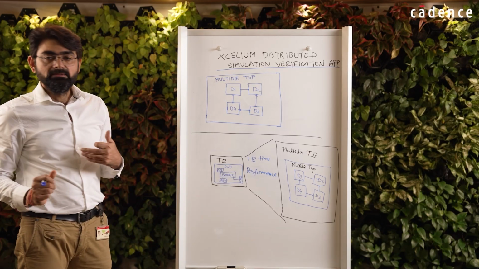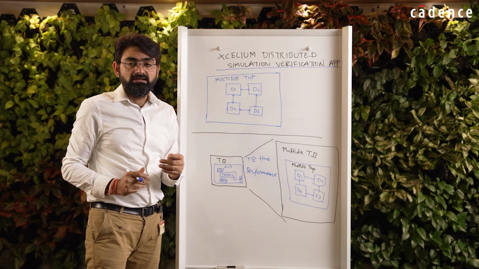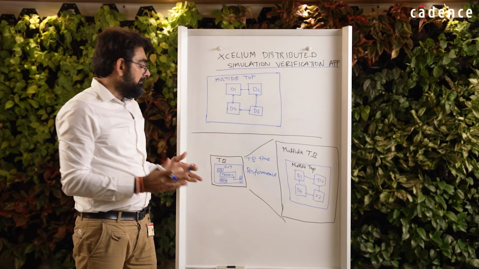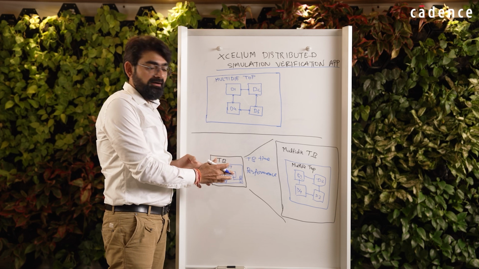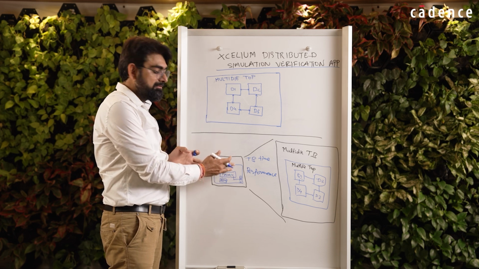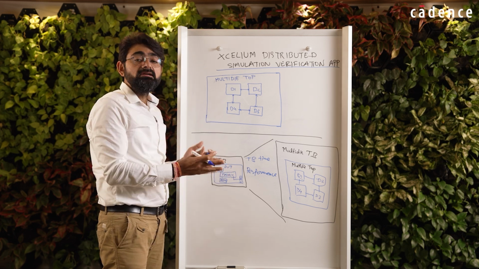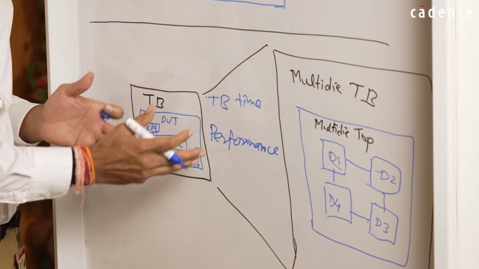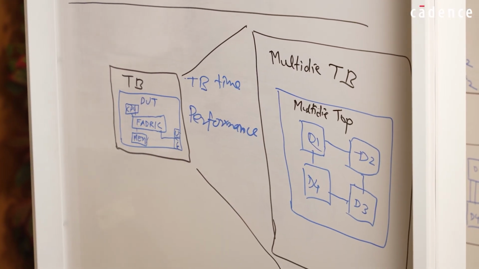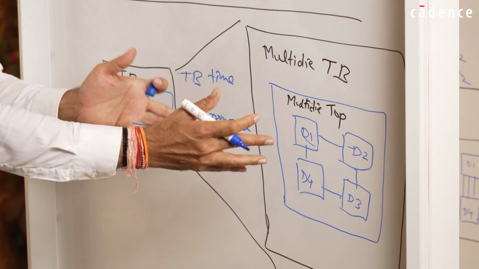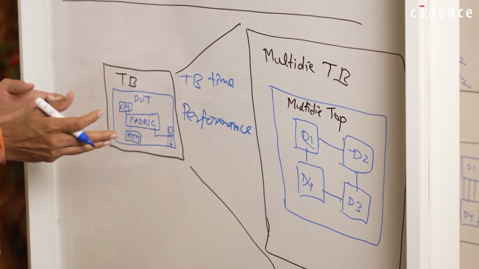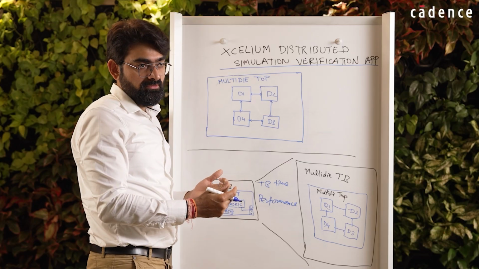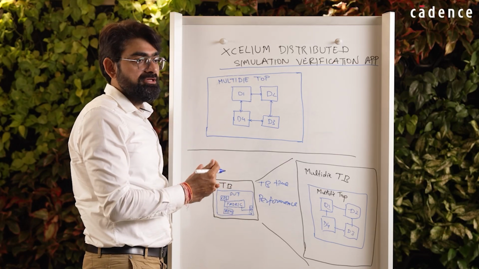And the third challenge that comes into the picture with multi-die is compute. Today you are running your regression on an LSF farm, on machines with a certain memory and certain performance. Now when you are running multi-die test case scenarios, your snapshot size is going to be multiple X of what it is, and hence you will need high compute, high bandwidth machines.